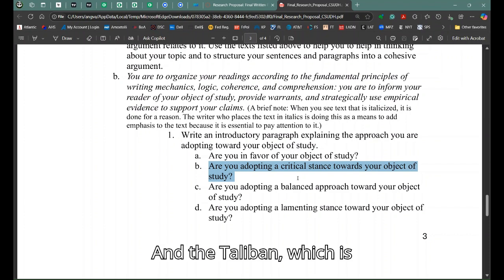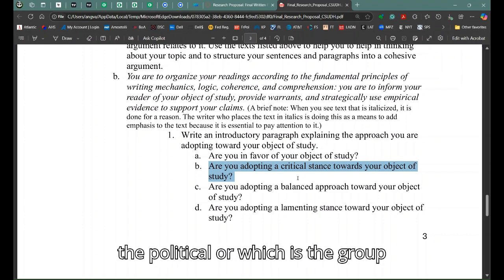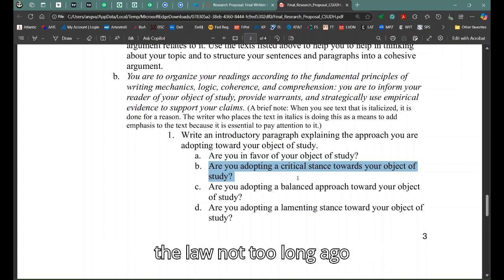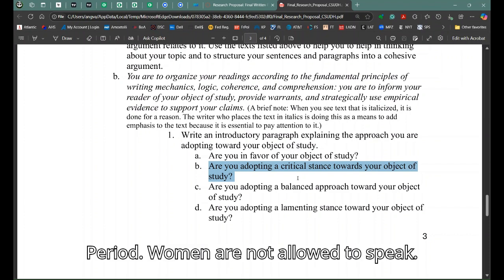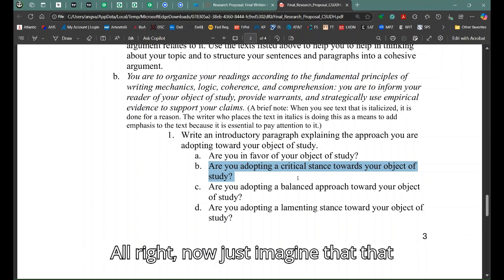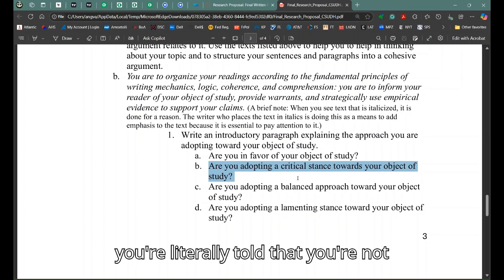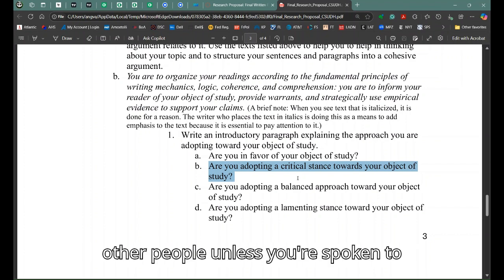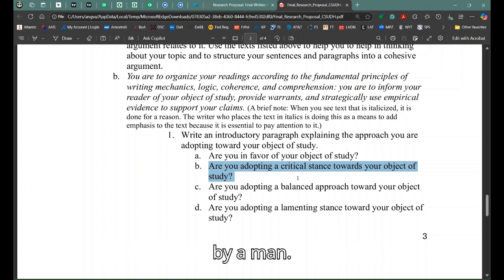The Taliban, which is the group that's in control of Afghanistan, passed a law not too long ago forbidding women to speak. Period. Women are not allowed to speak. Now just imagine that you're literally told that you're not able to communicate with other women or other people unless you're spoken to by a man.